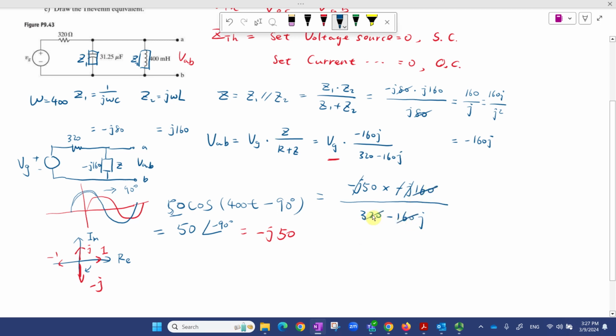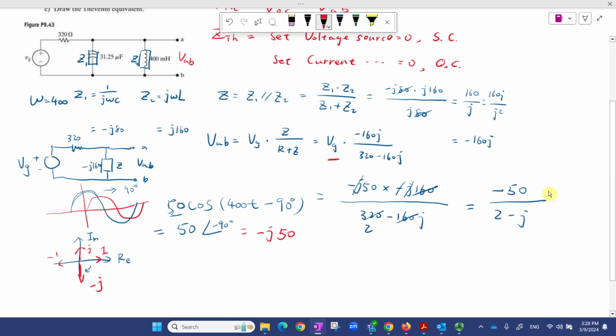So 160, then there's a 2 left. Then we clear the terms. We get negative 50 on top, that's the only thing left. At the bottom is 2 minus j. Okay, that's what we got.